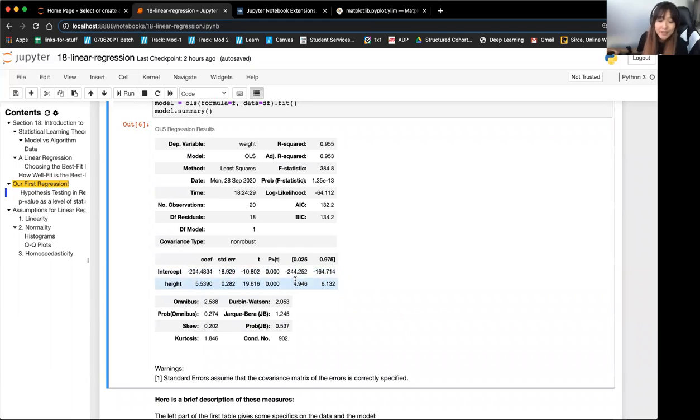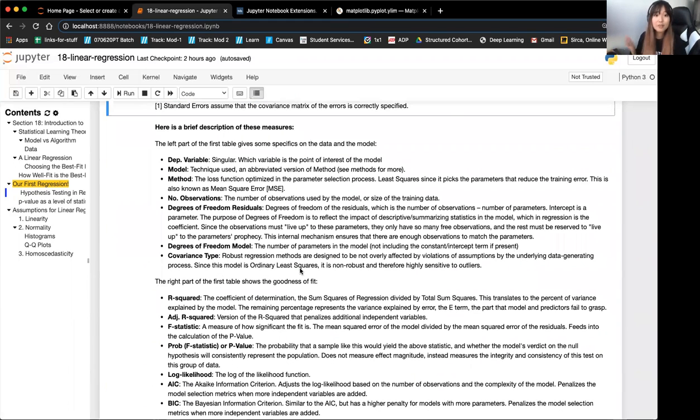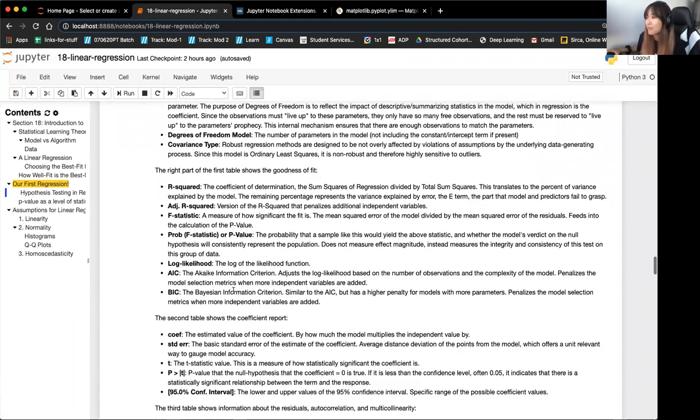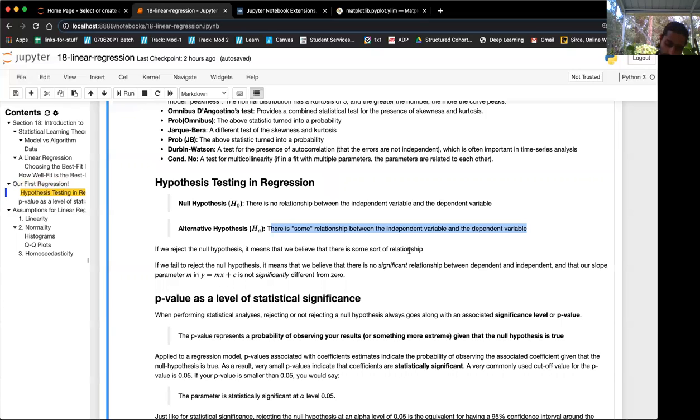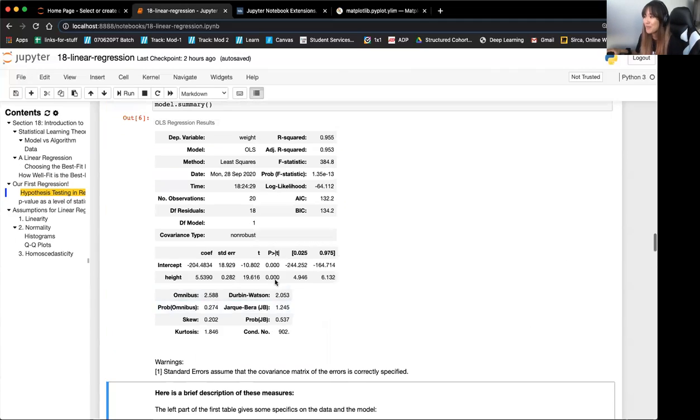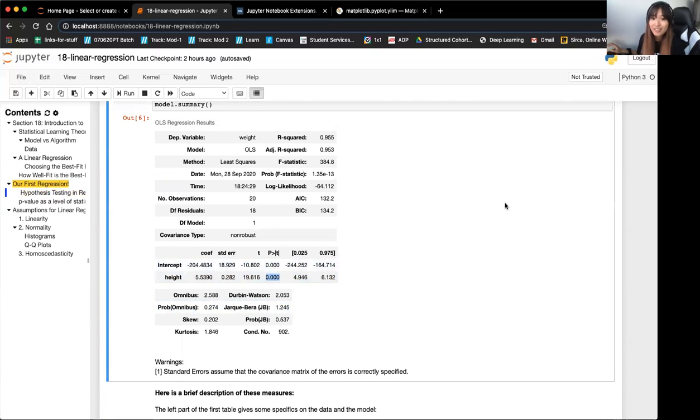Because you want a relationship between your variables, you want to reject your null hypothesis. So do we remember, are we looking for low or high p-values? Lower p-value is always better, right? Yes, exactly. So having p-values of 0 is great. It means we can pretty much confirm that there is a relationship between height and weight.